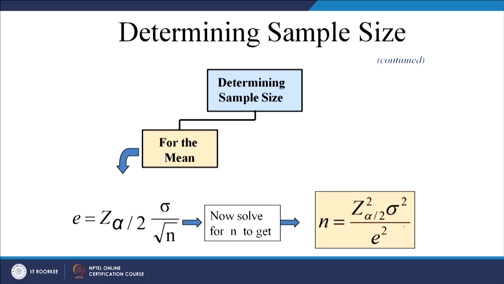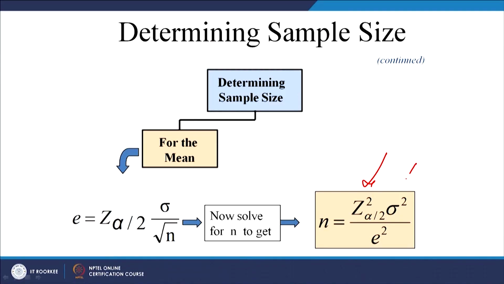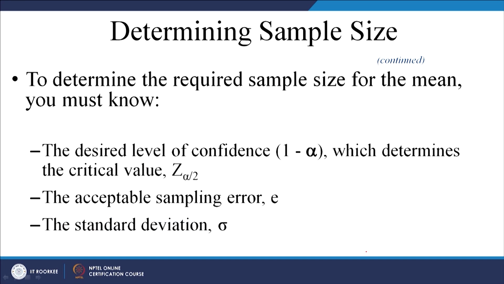So, this is, or in fact E also can be used instead of D, right. So, this is sigma square z square divided by E square, or error term square. Okay. So, let us look at this question.